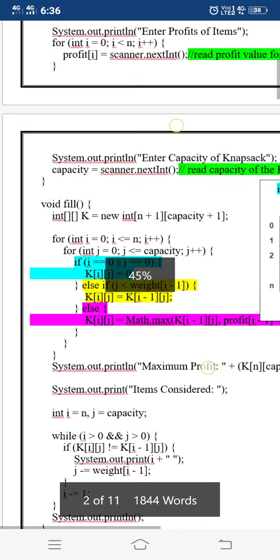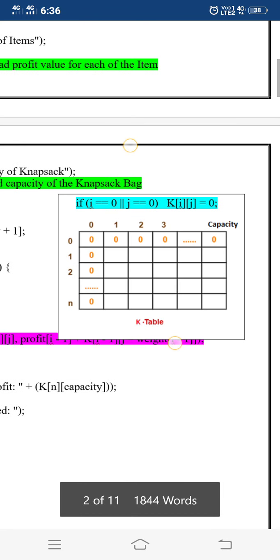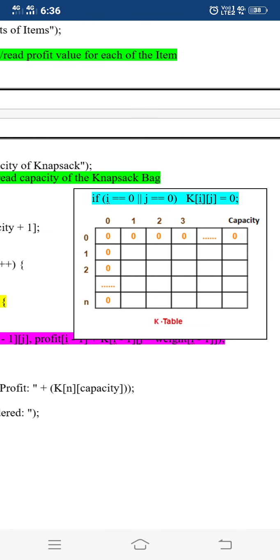So here the dynamic programming proceeds with filling the table because the values will be stored in the form of a table, and while filling the values we will move through this K table, which is represented as a two-dimensional array. So we want the indices i and j. i represents the rows and j represents the columns.